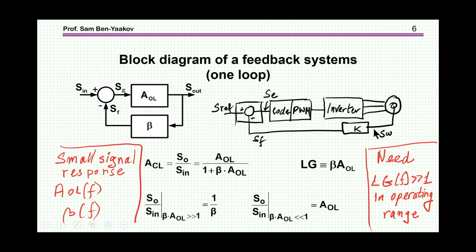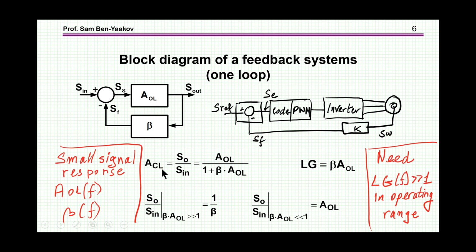Also, a sensor, a frequency or a speed sensor has some frequency response to it, and therefore this is not a constant. At high frequencies, it is in fact reducing the signal, so that this is not a constant. But let's assume it's a constant at this point, or frequency independent.